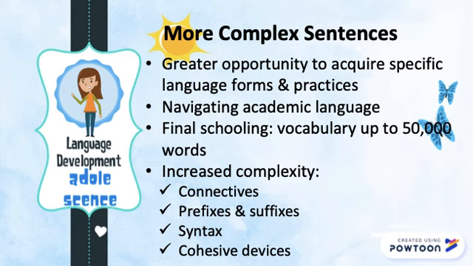In the final schooling year, they have the vocabulary of their native language or first language of up to 50,000 words. And adolescents can create more complex sentences because they can add connectives, prefixes and suffixes, syntax variation, and also cohesive devices in their language use.